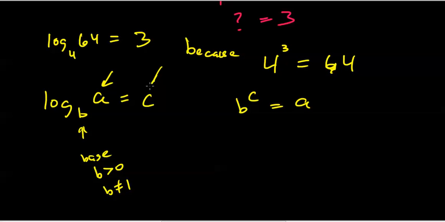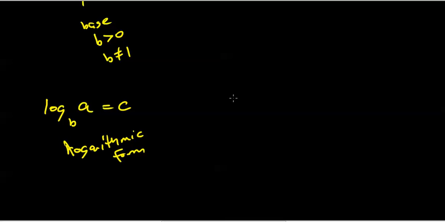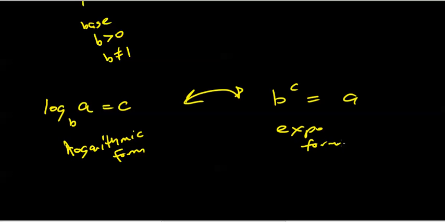The log of A base B equals C. Again, this expression is in logarithmic form. I should be able to go back and forth to exponential form very easily, with a little practice. I like to think of it this way: the base of the logarithm is the base of the exponential form over here. Okay?